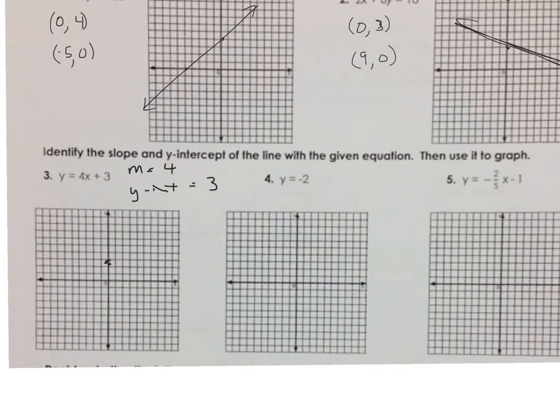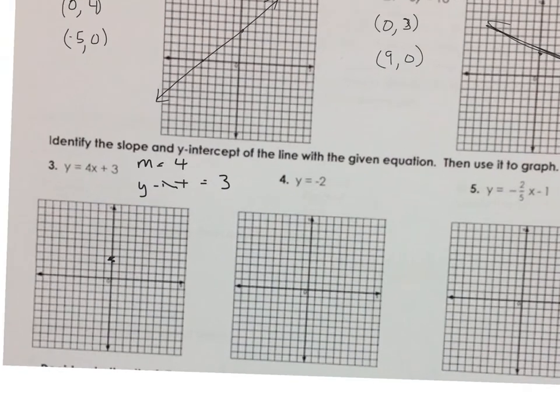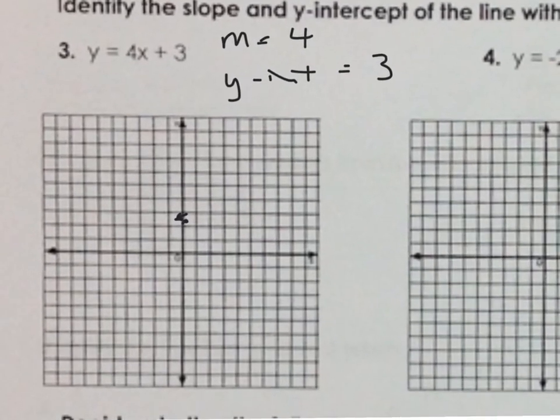And then what I do is I apply the slope. So if I'm going to apply the slope, I have 4 or 4 over 1, which means up 4, 1, 2, 3, 4 over 1. Or down 4, 1, 2, 3, 4 to the left 1.